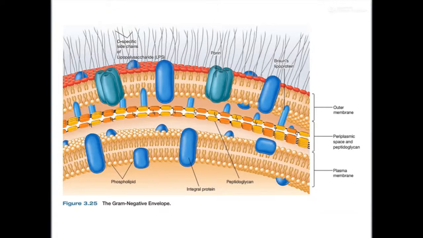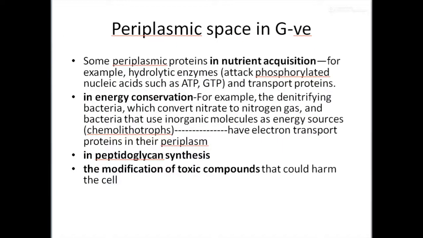Now I would like to talk about the periplasmic space in the gram-negative bacteria. As you know, the periplasmic space is the space between the peptidoglycan layer and the outer membrane, and the peptidoglycan layer and the plasma membrane. And some periplasmic proteins in gram-negative bacteria do play an important role in nutrient acquisition. For example, hydrolytic enzymes like ATP, GTP, and also in the transport of nutrients.